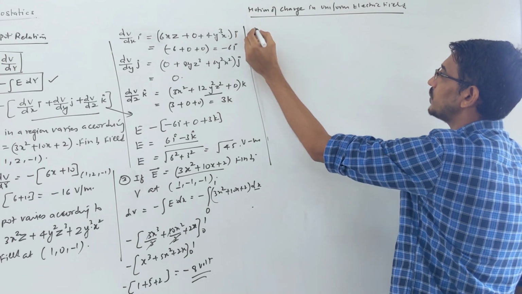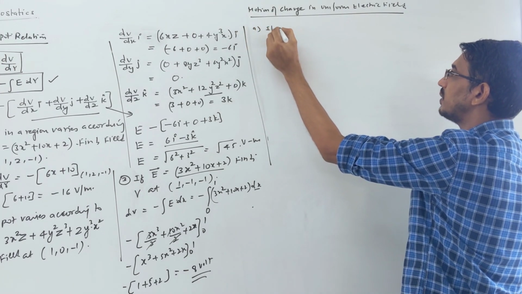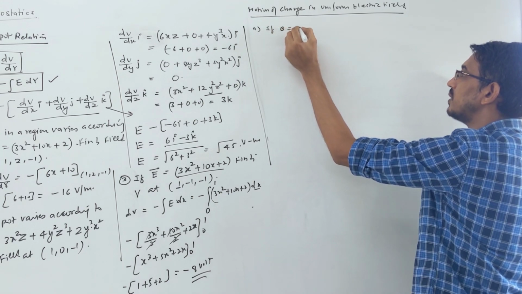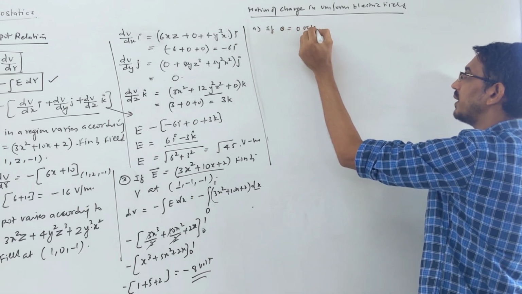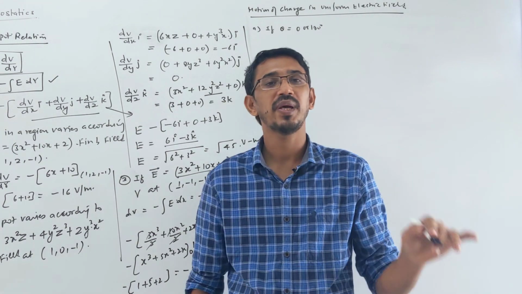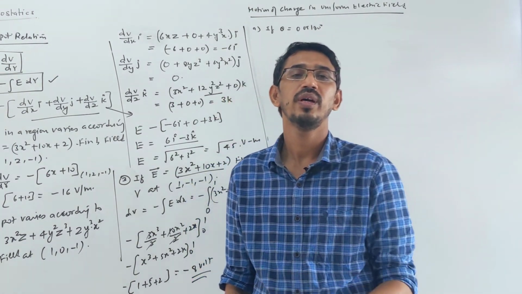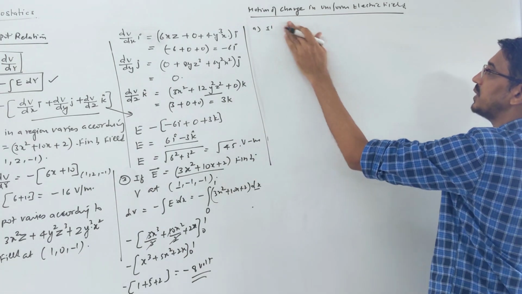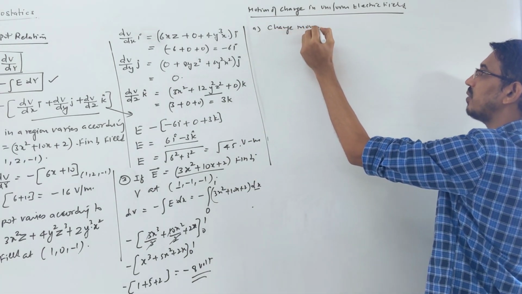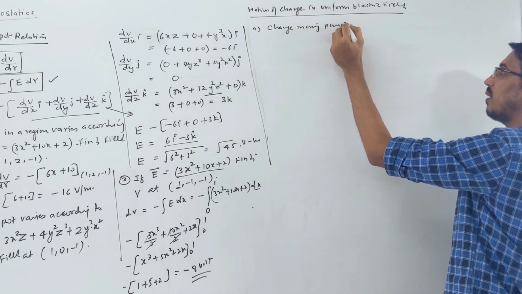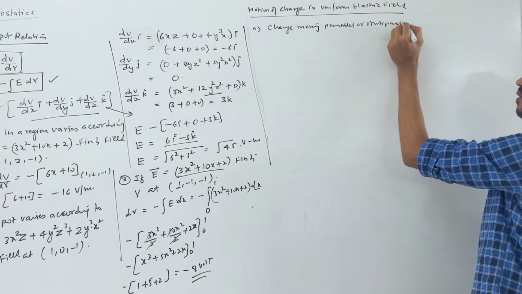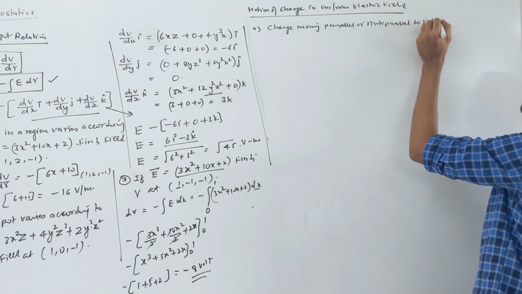Suppose the simple case, if theta is 0 or 180. You have a charge moving parallel or anti-parallel to the field, then what will happen?